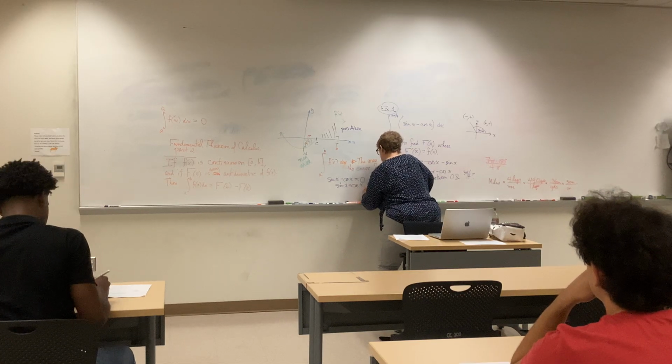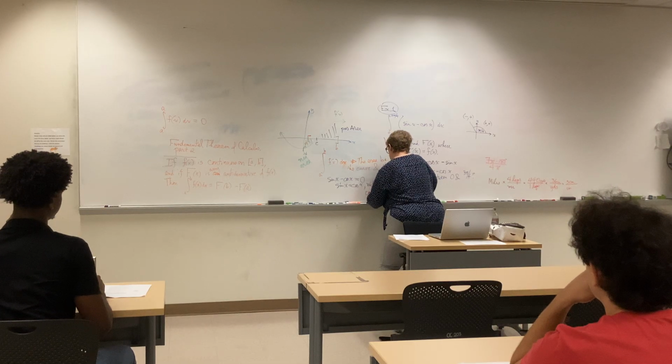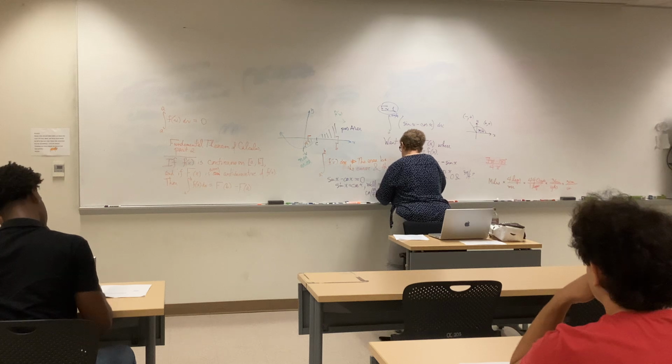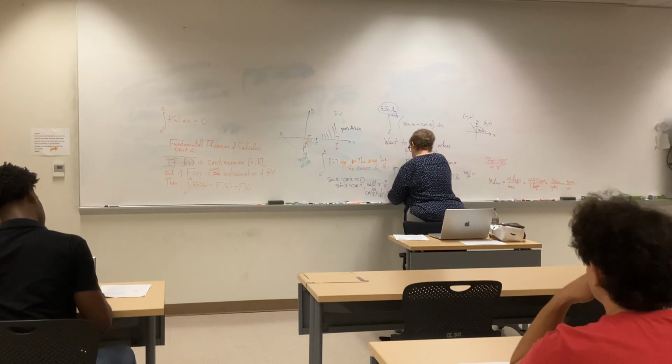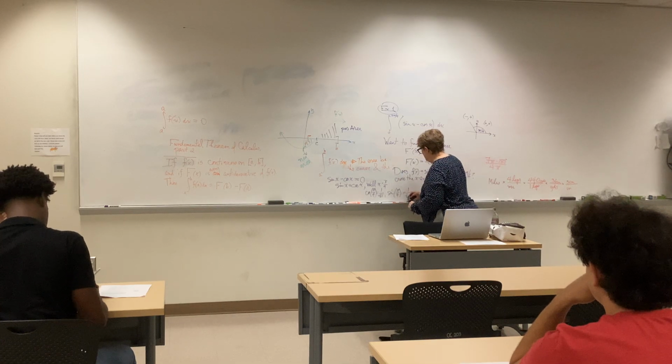We know that the cosine of pi over 4 is 1 over square root of 2, and that the sine of pi over 4 is 1 over square root of 2.